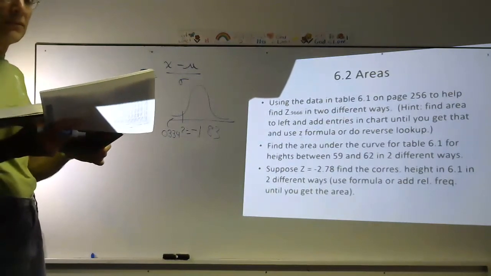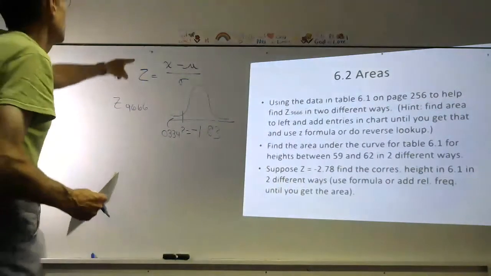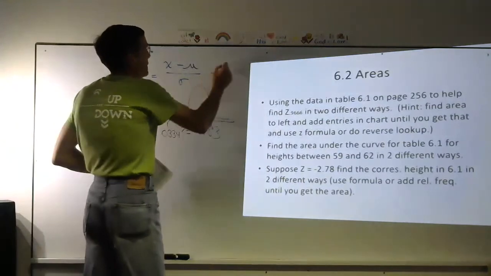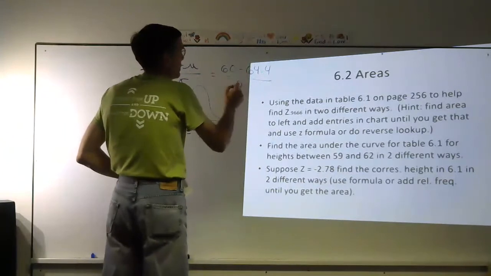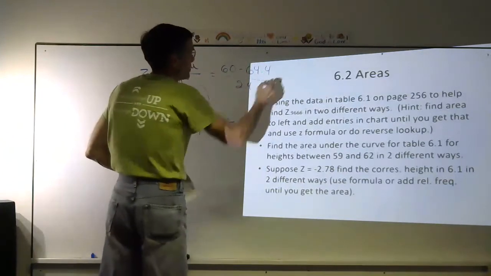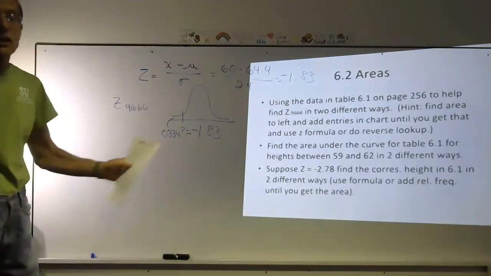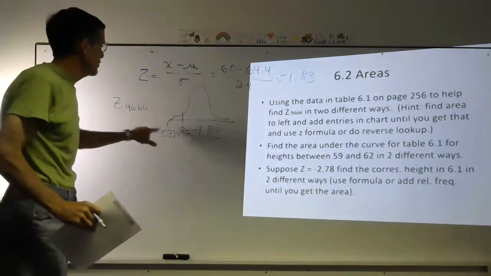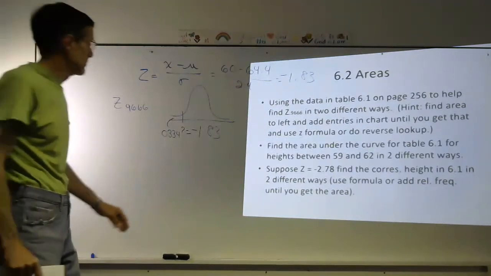Are you with me? This is the other way to do it. I could use my chart: 60 minus the mean, which was 64.4, all over 2.4, and you're going to get negative 1.83. There's the second way of doing it. That's probably harder. It's easier to just look it up, but you could have used that table. All right?